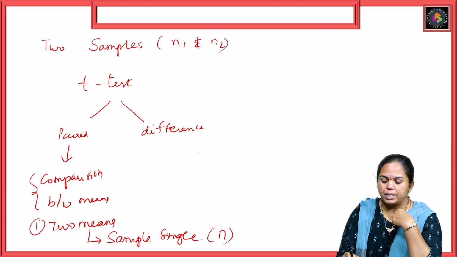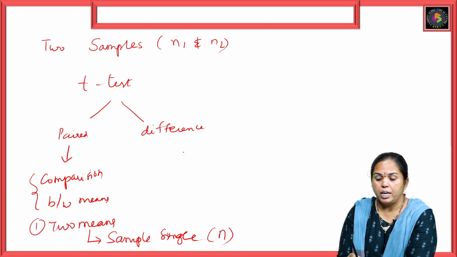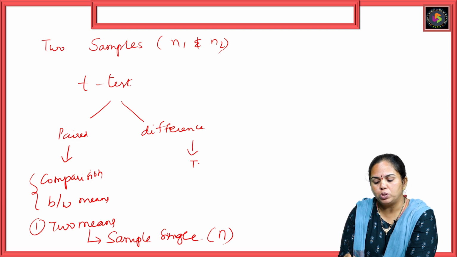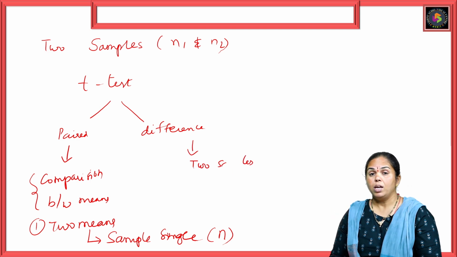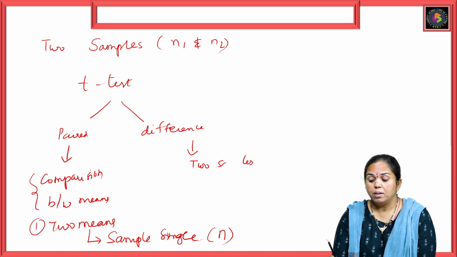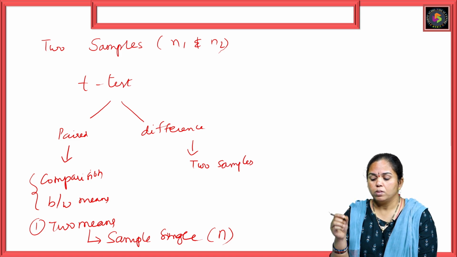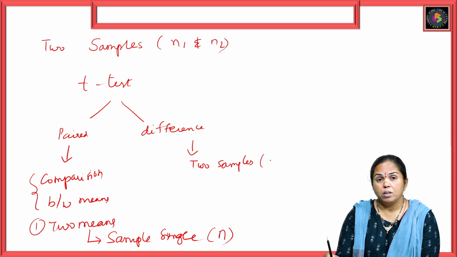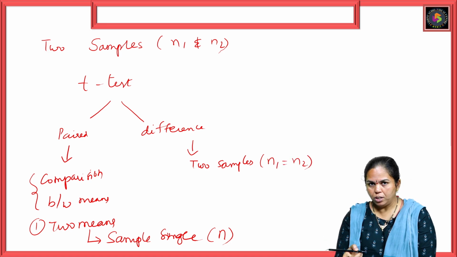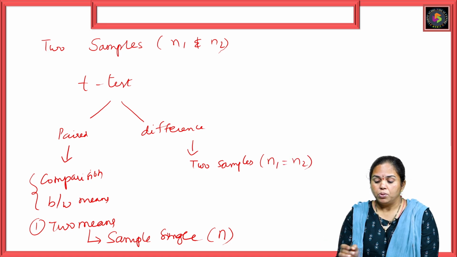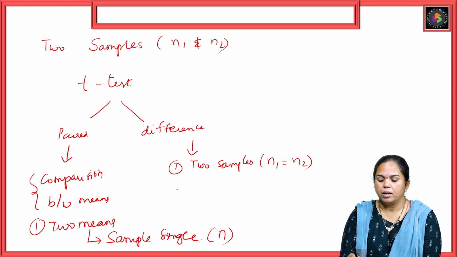And coming to the difference of t-test. Here in this case, you will be having two samples. Sometimes both the samples will be of the same size, but don't get confused here. And here also you have two means.